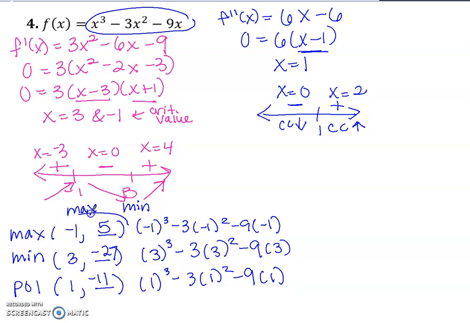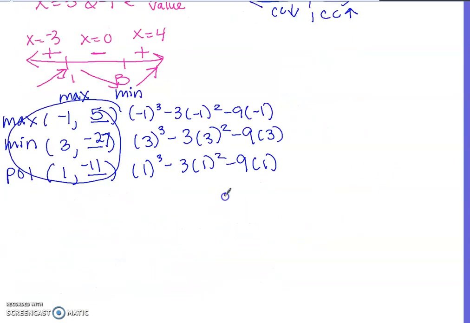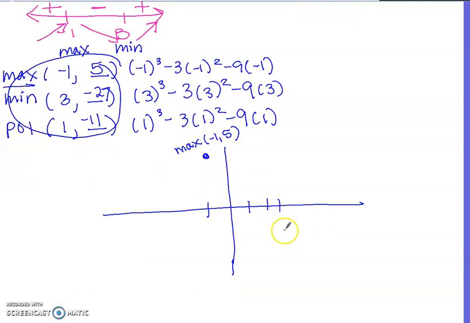So I'm going to graph these 3 points on my graph. Okay, so here we go. Negative 1, 5, I have a max value, so I label it. At 3, negative 27, I have a min.